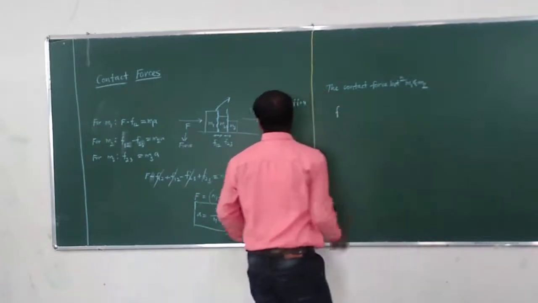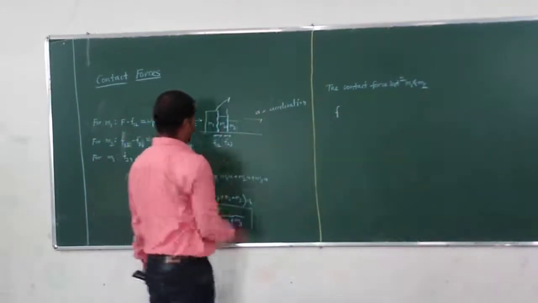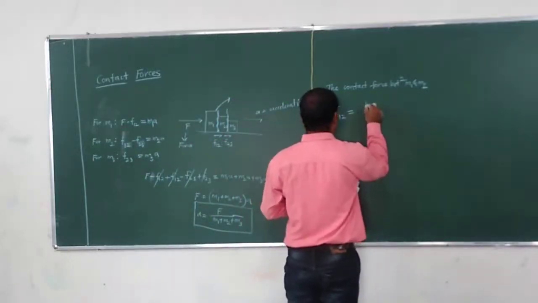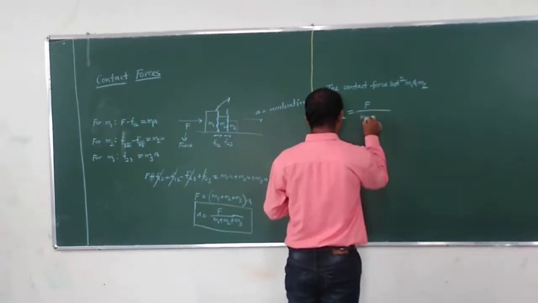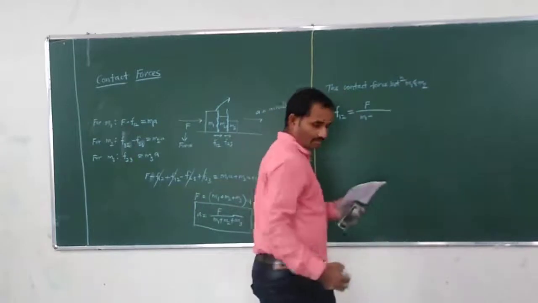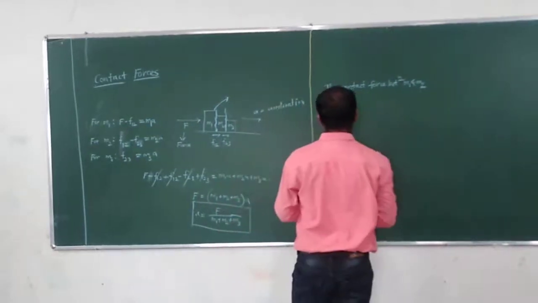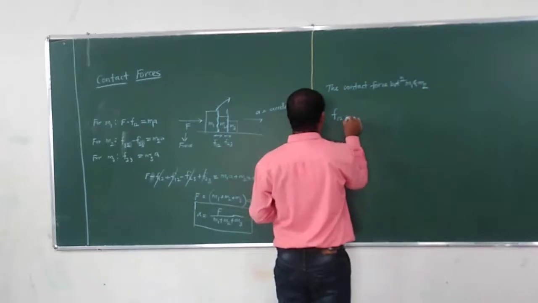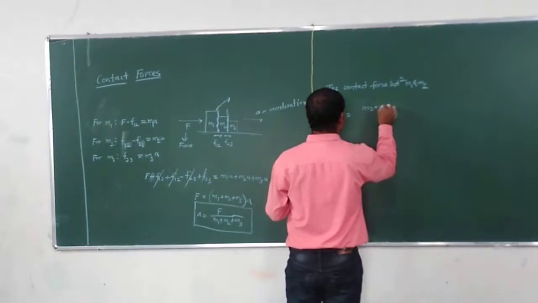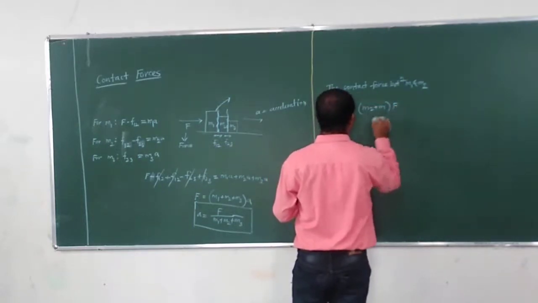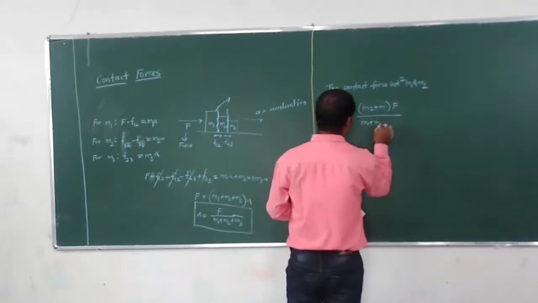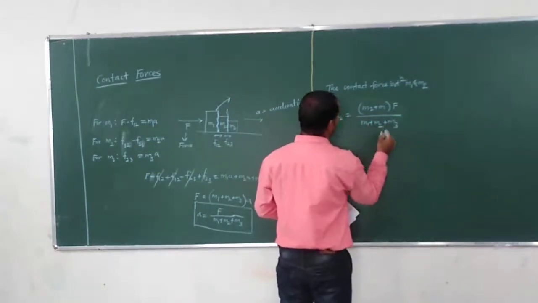So M1 and M2 मधला कॉन्टॅक्ट फोर्स कुठला आहे, F12. F12 is equal to M2 plus M3 multiplied by F divided by M1 plus M2 plus M3.